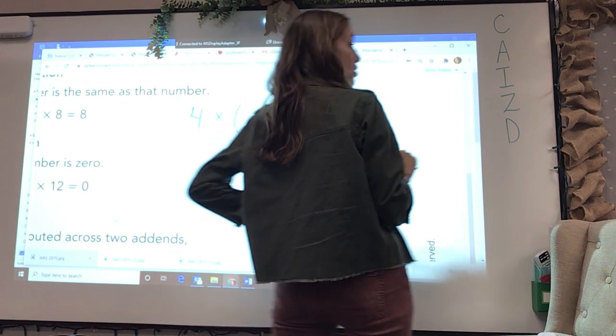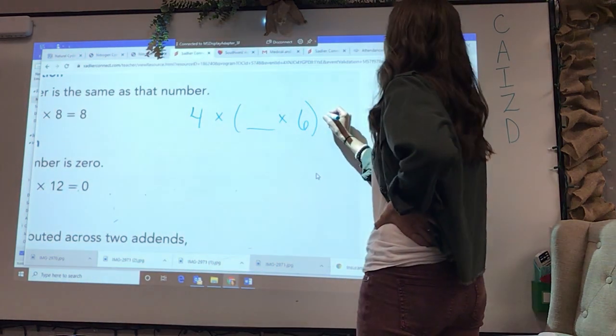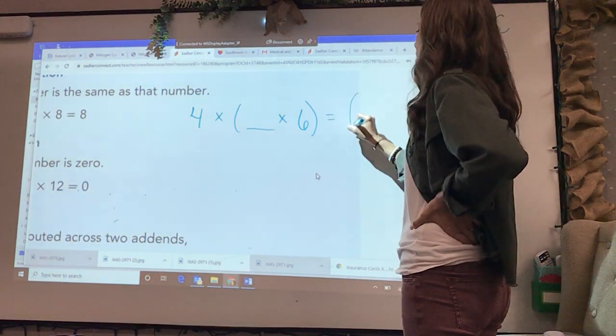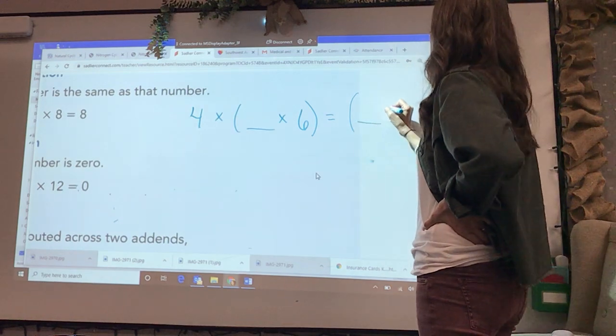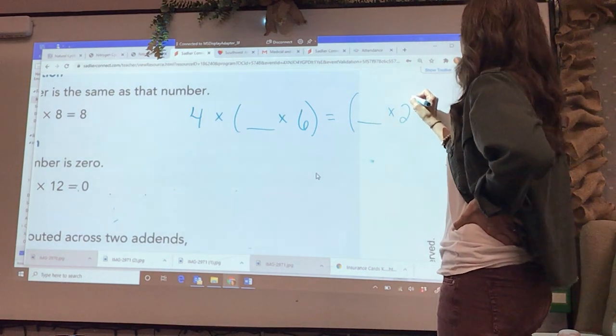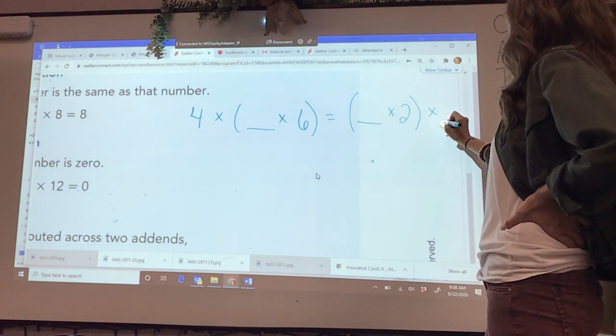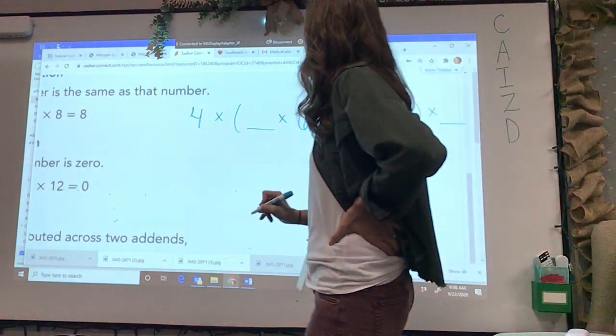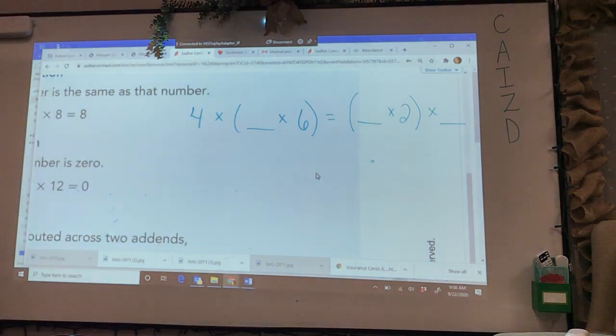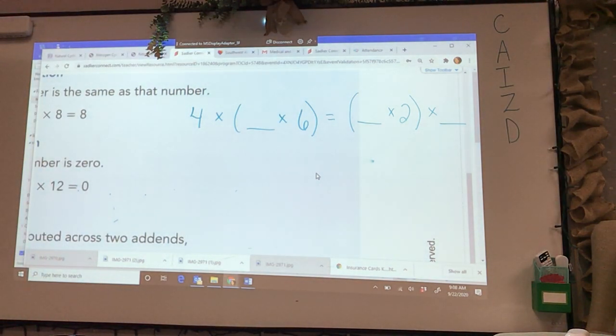Okay, look, this is the associative property. So that is going to equal the same thing over here, but grouped differently. Okay, fill in those blanks. They have to match on both sides. So what is that going to be?